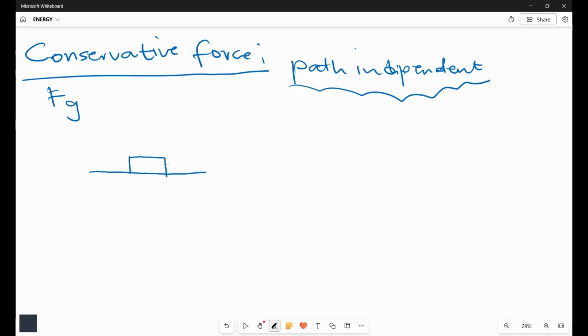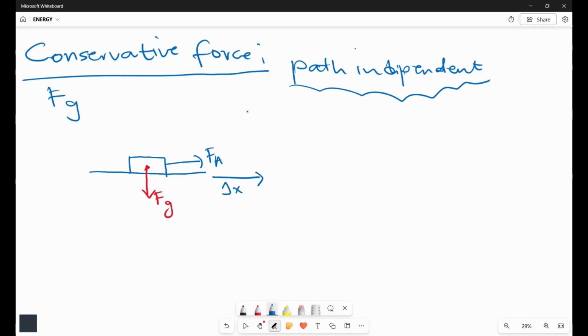Let's say we have an applied force, no friction. It is displaced towards the right. I will only talk about Fg. Other forces are present, but I will only talk about Fg. Check Fg. Where does Fg act upon this object? It acts downwards. Okay? All right.